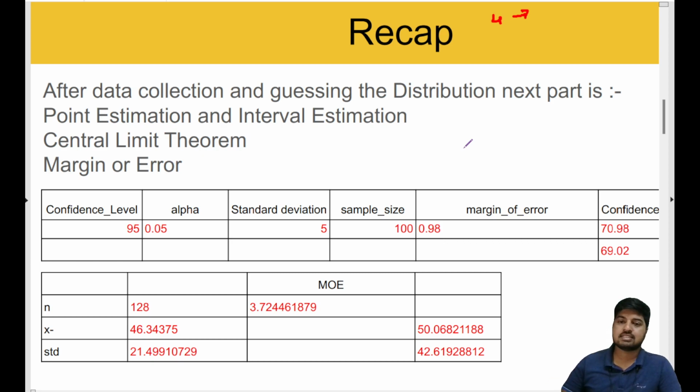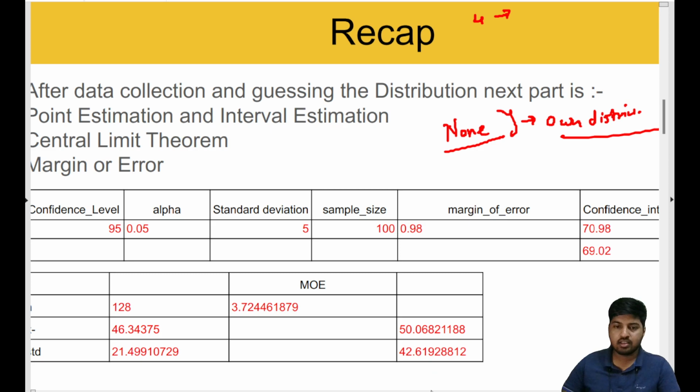In some experiments, none of these distributions will help you. Whichever distribution you take, it will not fit your data. In that case, you need to derive your own distribution. That is some advanced part, how you can build your own distribution.